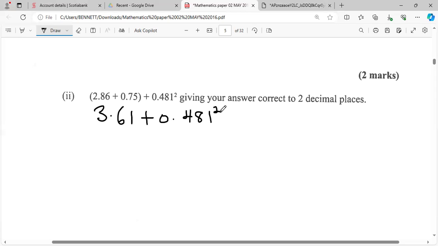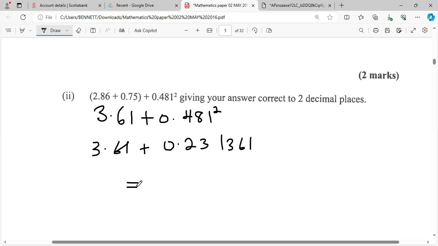Alright, hold on, guys. So it's 0.481 times 0.481. That's 0.23131. So it's 3.61 plus 0.23131. I'm going to punch all that in my calculator.